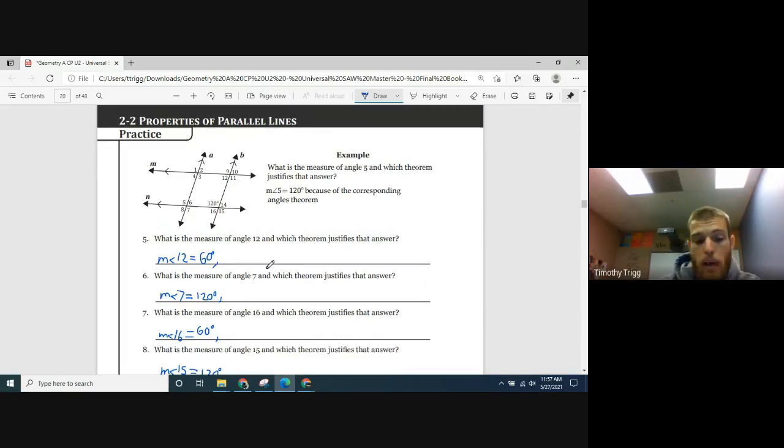Now, one thing I want to point out is that every single angle in this picture is either 120 degrees or 60. So all these will be the same measure, either 120 degrees or 60 degrees, depending on whether, you could see, some of them are more open than others. I'm going to go ahead and highlight all the ones with 120.